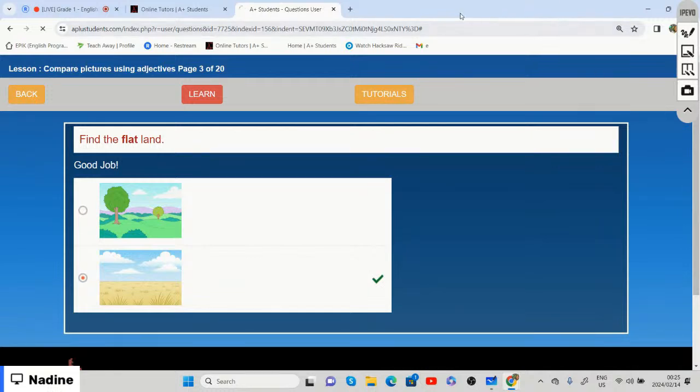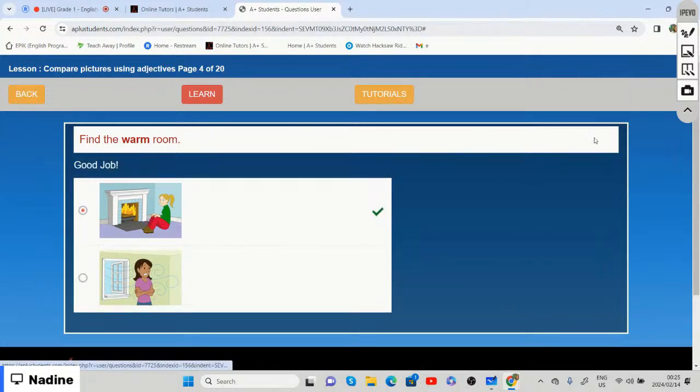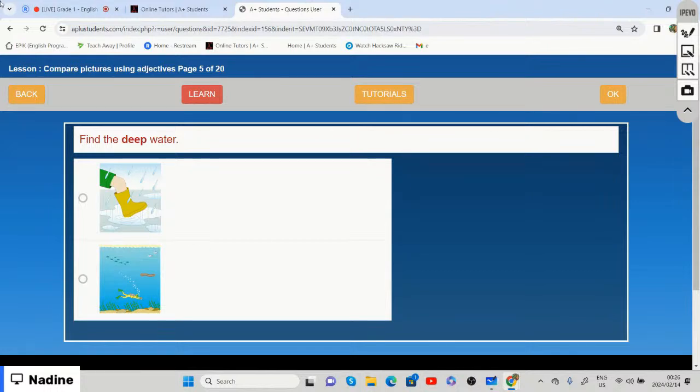All right. And then we need to find the warm room. Is it the top picture or the bottom picture? The warm room. And if we find the warm room, then we will choose the top one. And the top one is correct.